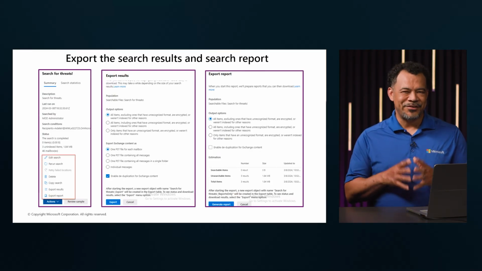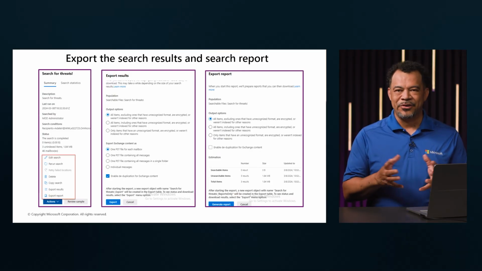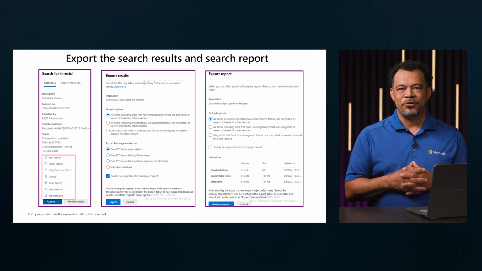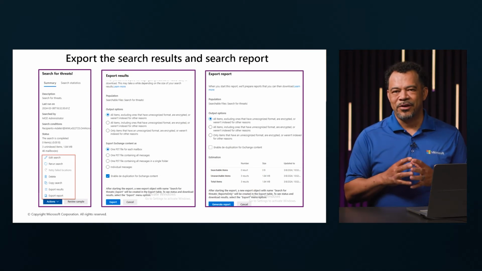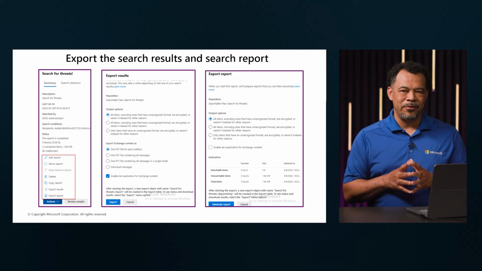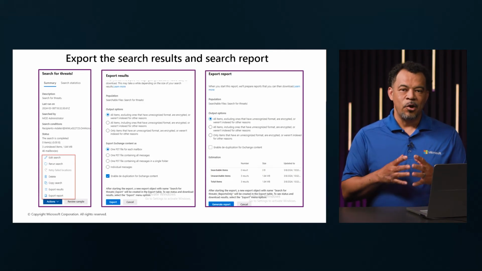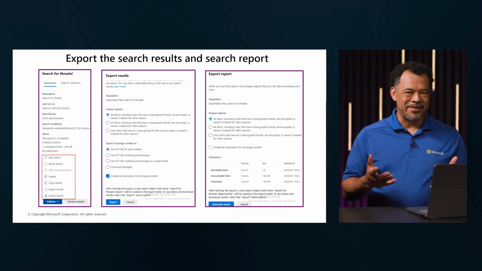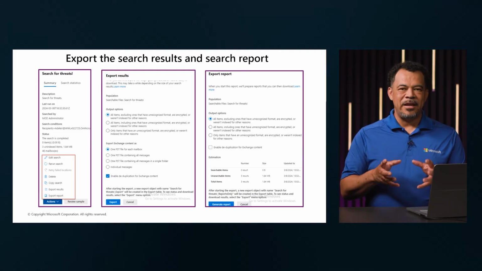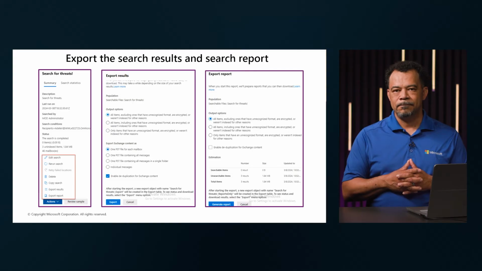So after your organization successfully runs a content search, it can export the search results to a local computer. When you export email results, they're downloaded to your computer as a PST file. When you export content from SharePoint and OneDrive for Business sites, copies of the native Office documents are exported.